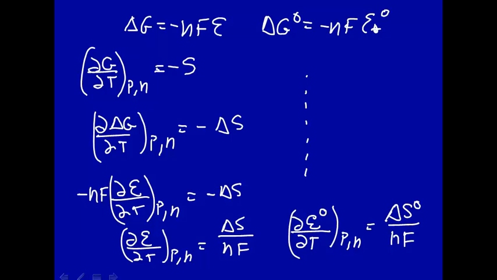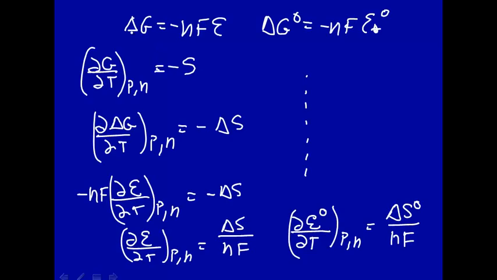So that's the first point. Actually, we can play around with this some more. The idea is, everything we learned about delta G, we can now say about E. We said that delta G, the Gibbs equation, is delta H minus T delta S. So we know that delta G is minus NFE.